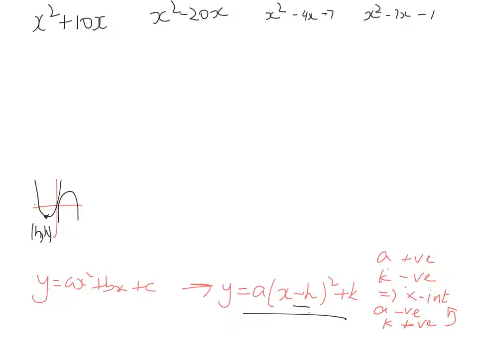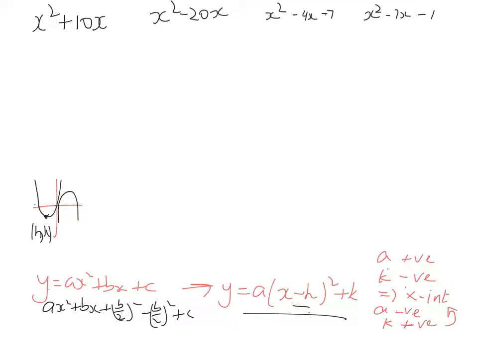And by doing that, we'll have ax squared plus bx, and then we halve and square it, plus b over 2 all squared minus b over 2 all squared plus c.